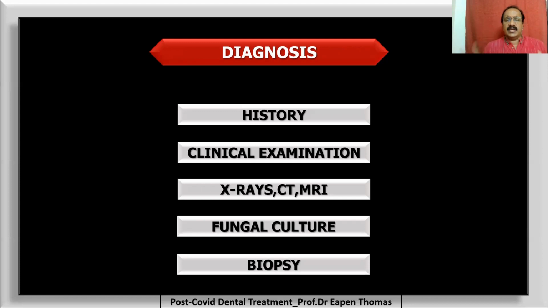So this is basically how you come to a diagnosis. As far as a dental surgeon is concerned, only the first two parts are within our purview, where you have to be very watchful based on the various clinical features and other external and internal features, and give the probable diagnosis of a fungal infection or any other diseases like that.